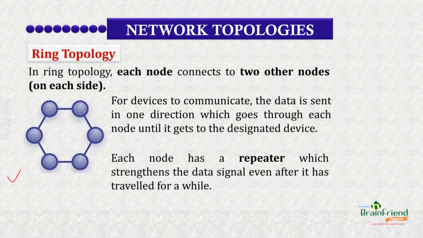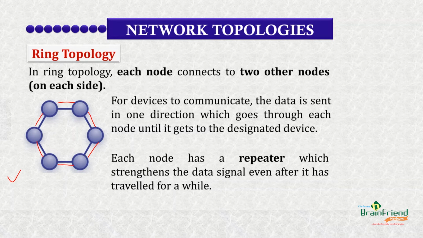In the ring topology, each node is connected to two other nodes. So you can see each node is connected to two other nodes on both sides. Basically, data travels in only one direction in the ring topology.